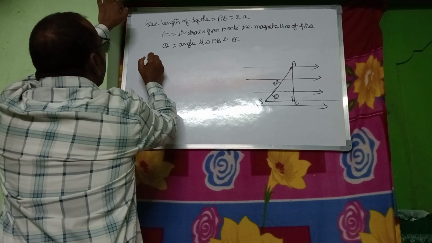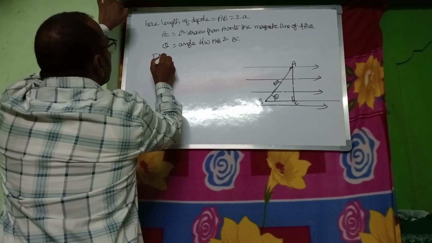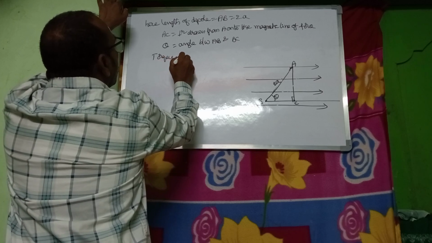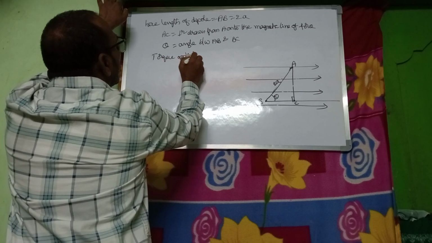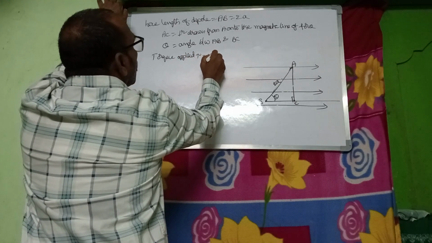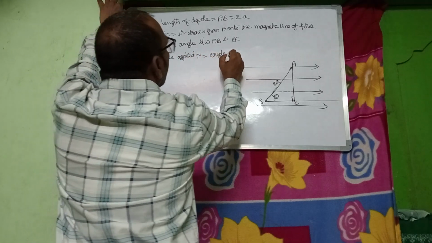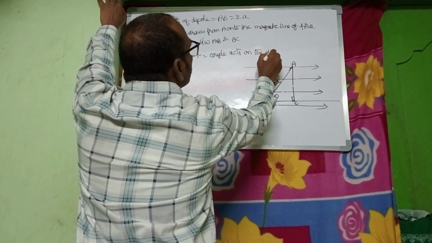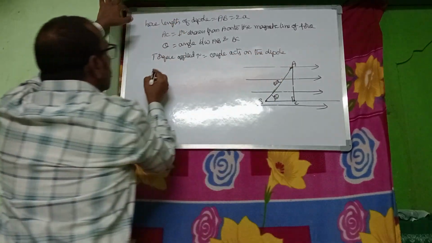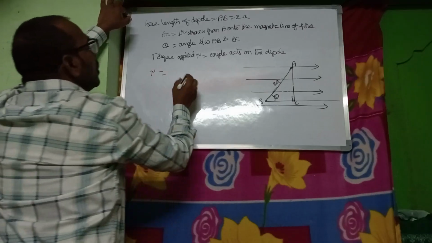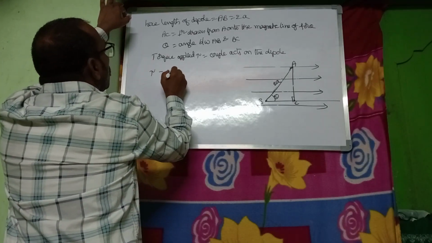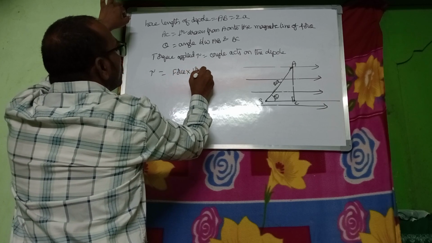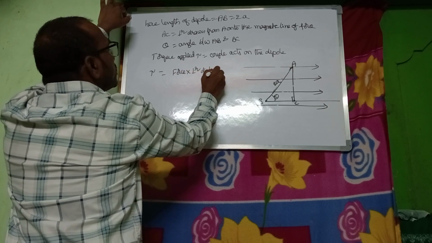Now due to the torque produced, torque applied tau equal to the couple acting on the dipole. So torque tau equal to couple, that is force into perpendicular distance.